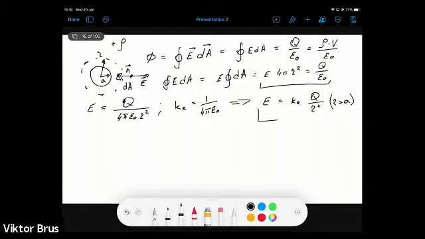So this looks very similar to the Coulomb law, with the only difference that the Coulomb law is derived for a point charge. And here we have some spatially distributed charge with a volume distribution in the form of a sphere.